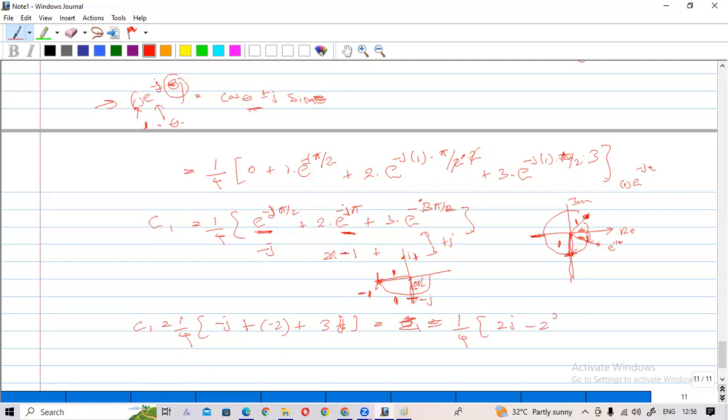So 2j minus 2. Okay. So this is the C1 value. If you find it up to this level, you will get the full marks, no problem. Anyway, you can simplify it up to this level also, using this one. So you can get a proper answer.